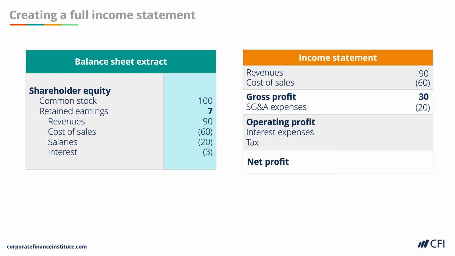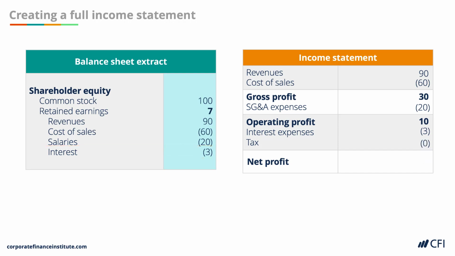As we mentioned earlier, all other indirect operating expenses may be referred to as SG&A or simply G&A. After netting out the salaries expense, we arrive at the operating profit subtotal of 10. Finally, we deduct the interest expense of 3 and the tax bill, which in this case is assumed to be 0.